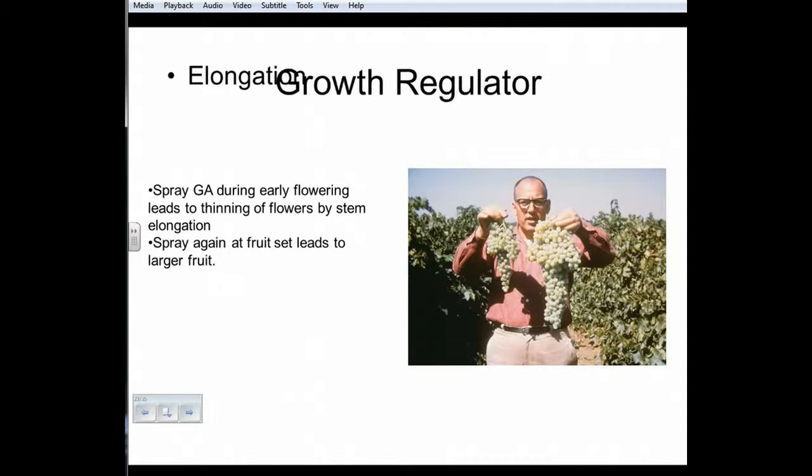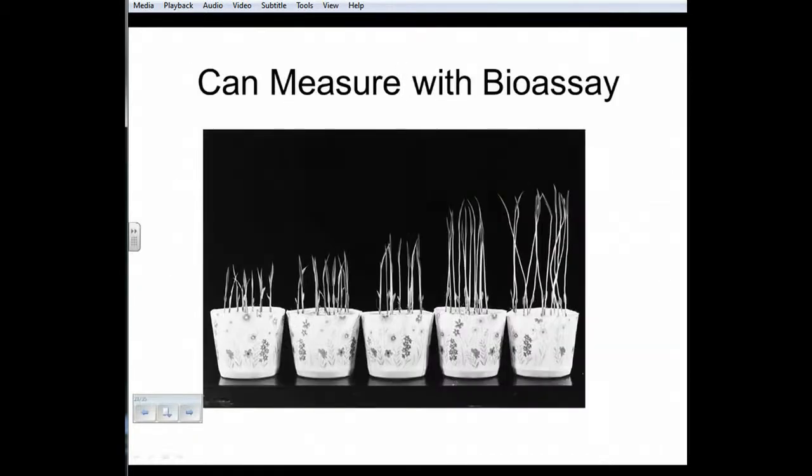This again is a classic picture that I saw when I was an undergraduate taking plant phys. That's why I like to put them in. When I taught lab, we did a bioassay for gibberellic acid. You take known amounts of gibberellic acid, put them on shoots, and they grow differently. So you see what we're developing there? We're developing a standard curve, right? I can draw the axes on here.